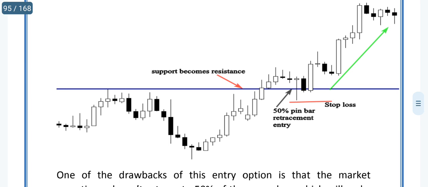So with the conservative entry point, we enter the market after a 50% penny bar retracement move, as you can observe. And at that point, the support level becomes the resistance level, and afterwards the prices are going to be rejected, and the market continues upwards.